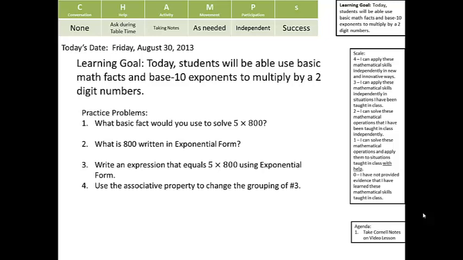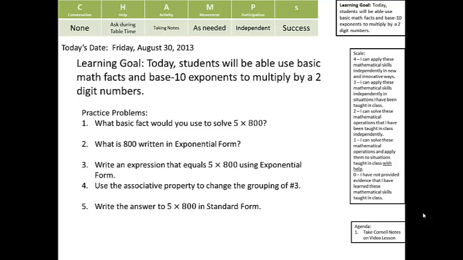Our fourth practice problem is to use the associative property to change the grouping of your answer in number 3. So when you get an answer for number 3, then you're going to change the parentheses around in order to change the grouping, which is the associative property. And the fifth of our practice problems is to write your answer to 5 times 800 in standard form.